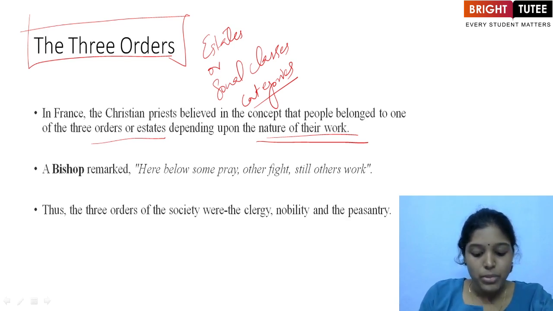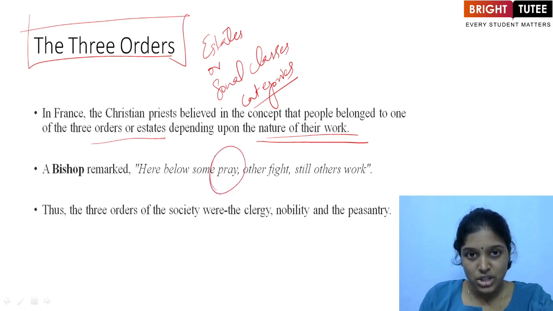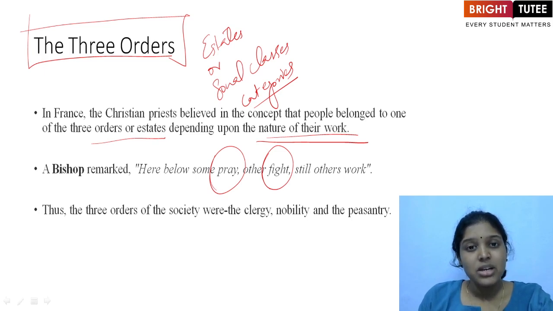A bishop remarked, here below some pray. So one section's task or work was to pray, and some other fight. For another section, their occupation was to fight or to protect the people by giving guard to them.